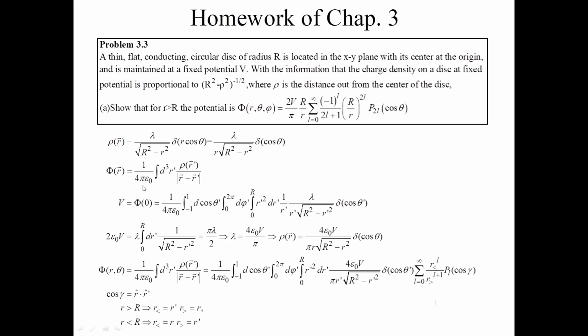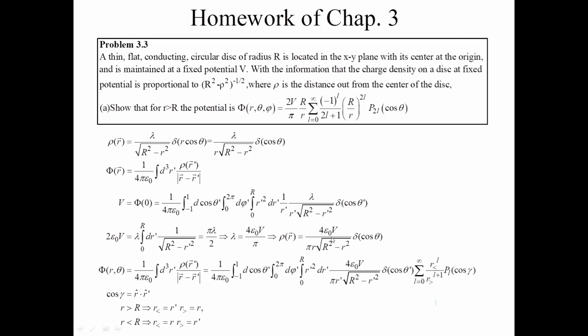Then we just use the boundary condition: at R equals 0, the potential will be V. We apply this boundary condition and calculate the integration, and we can show that lambda is equal to 4 times epsilon 0 times V over pi. So here we finish our charge density.